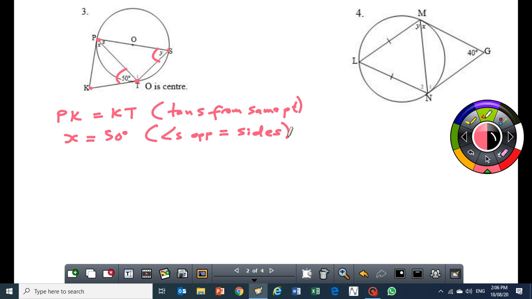X is equal to 50 degrees because the two angles, x and 50, are opposite equal sides, and the two equal sides are PK and KT.